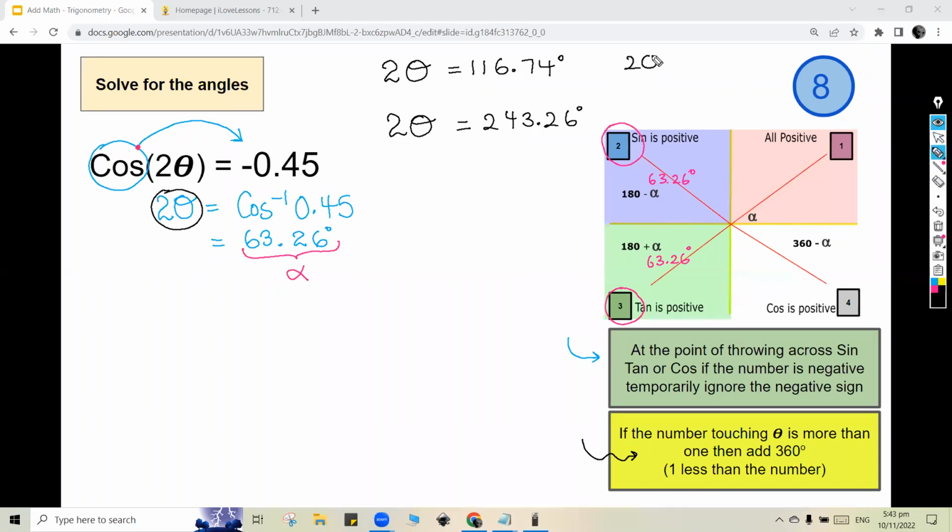So add 360 and you'll get how much? 116.74 plus 360, I'm getting 476.74. And add 360 here as well. 243.63 plus 360. Make sure you're seeing these answers now.